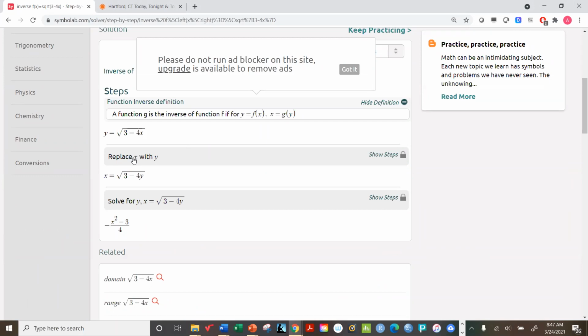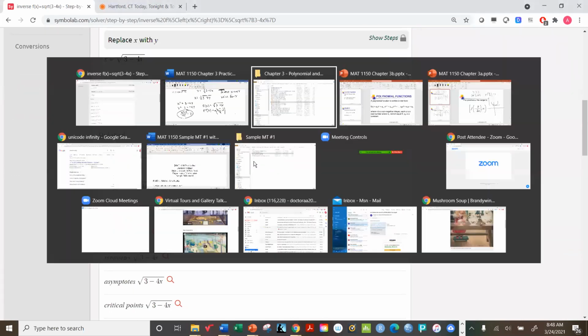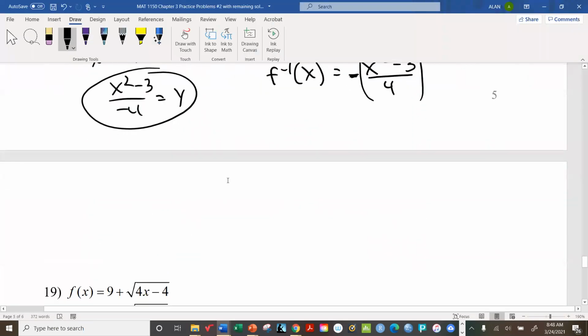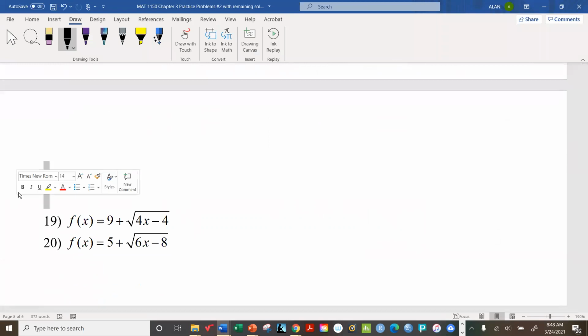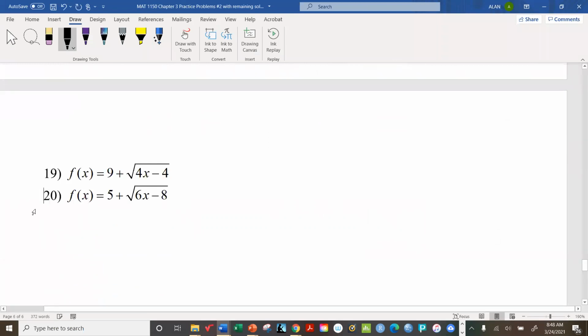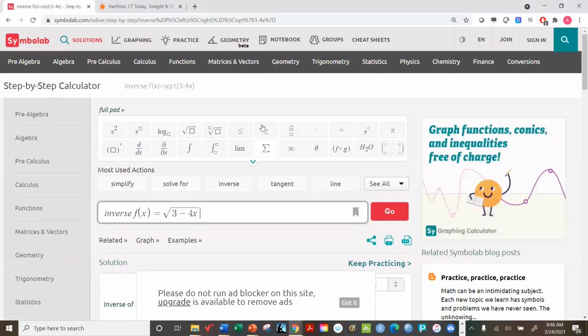It's very simply replace x with y, solve for y. So if you missed anything, you can watch the video or look at the solutions when I post them. So it's not only telling you the answer, it's showing you how it was done. That to me is the most important thing, which again is surprising for a free product like that, or at least the part we're looking at is free.